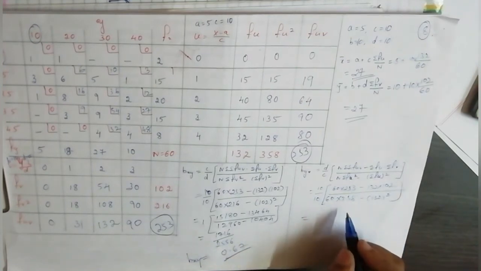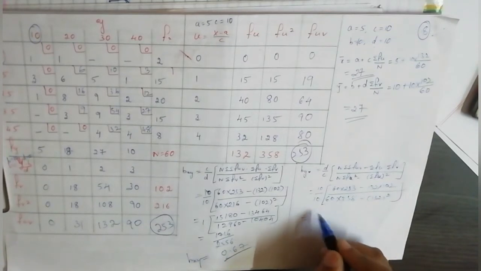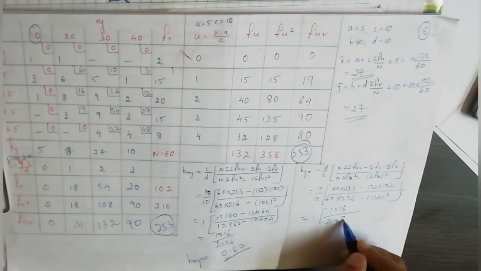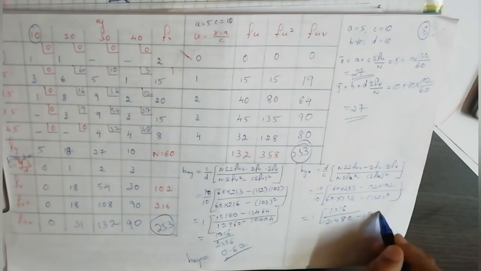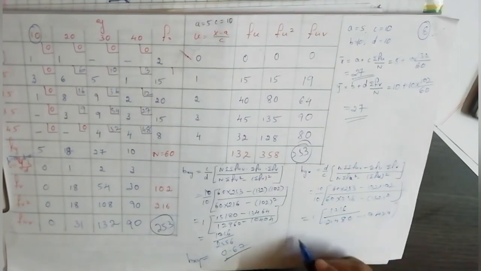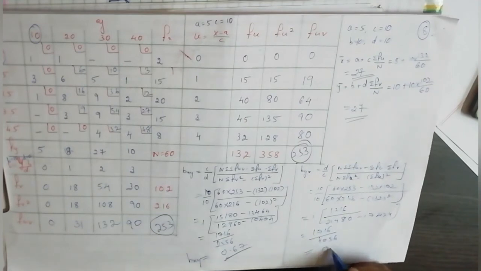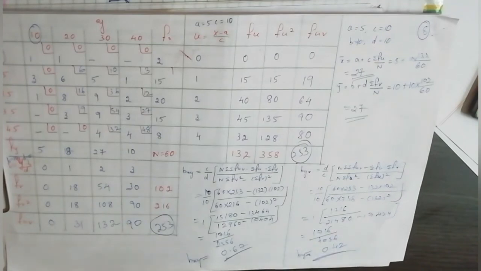So here we'll get numerator same, that is 1 into 1716. Denominator is 21480 minus 17424, that is 1716 divided by 4056. The final answer is 0.42. So byx is 0.42.